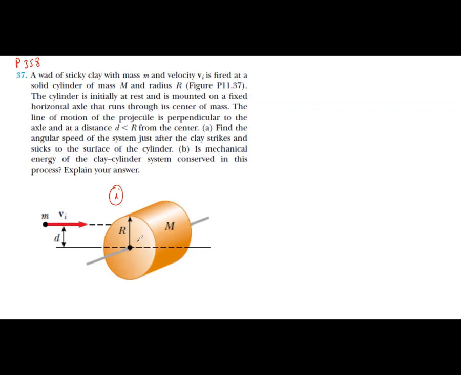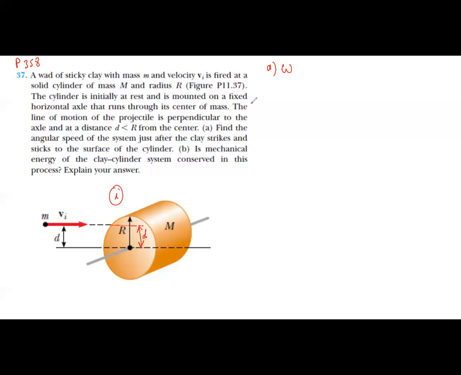The line of motion of the projectile is perpendicular to the axle and at a distance d, which is less than R. Part 1. Find the angular speed omega of the system just after the object strikes and sticks on the surface of the cylinder.